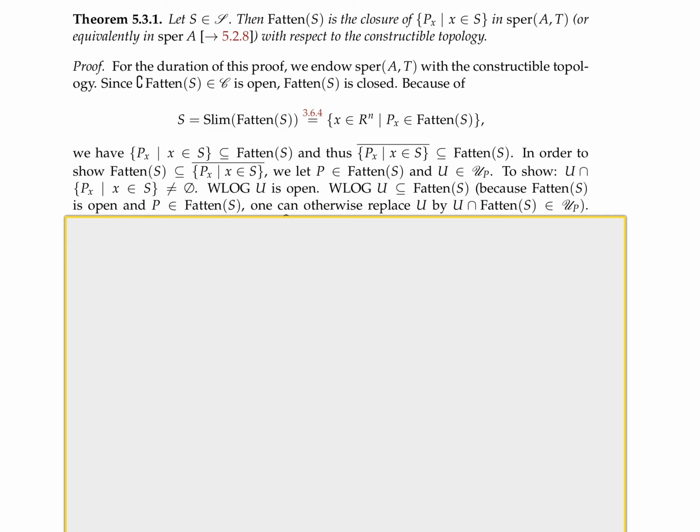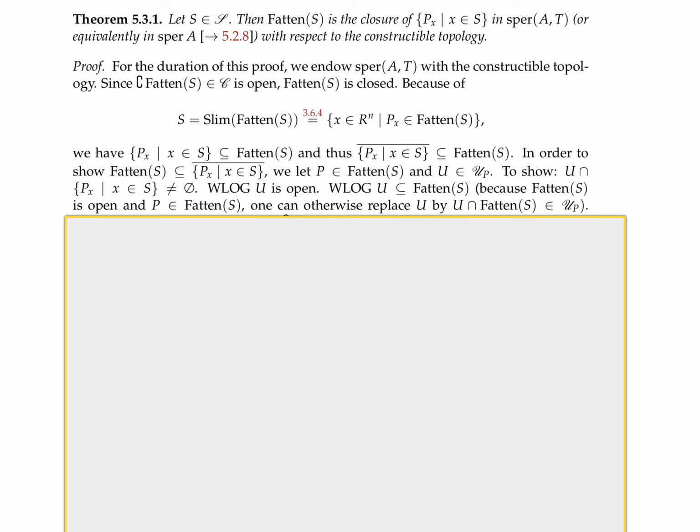If we can show for that constructible set that the intersection with this set is non-empty, then we are done. So without loss of generality, we can assume that U is actually constructible, right?